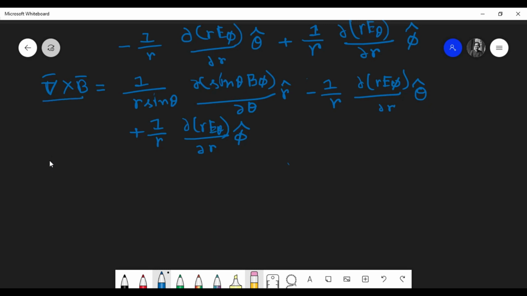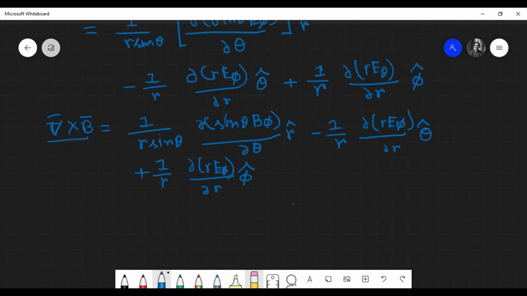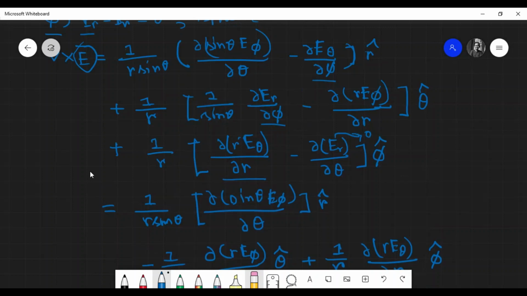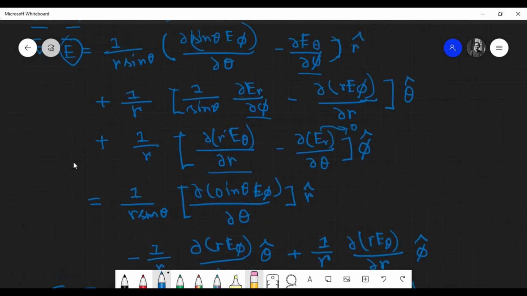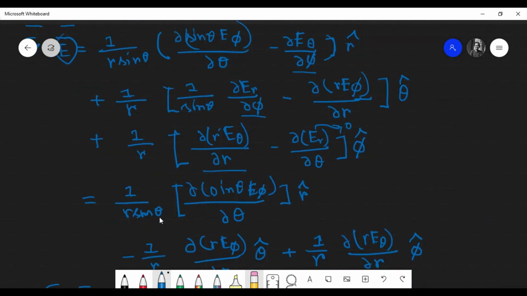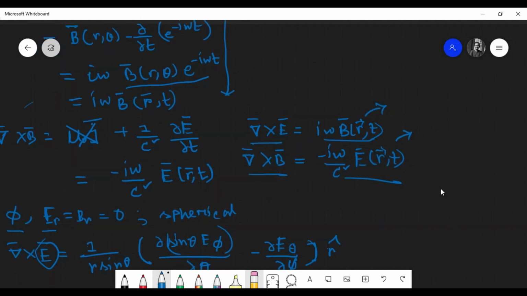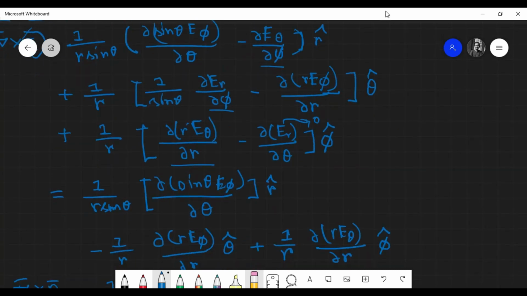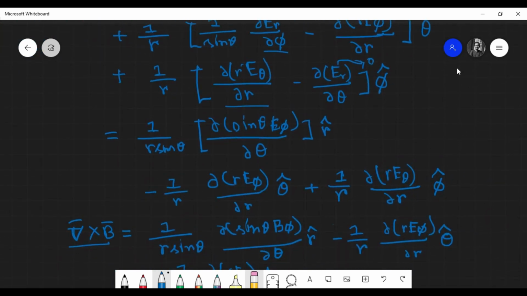Let's start with the curl of E. The radial component of the curl of E is this, but we have the magnetic field here, and the radial component of the magnetic field is zero. So this term here will be 0.